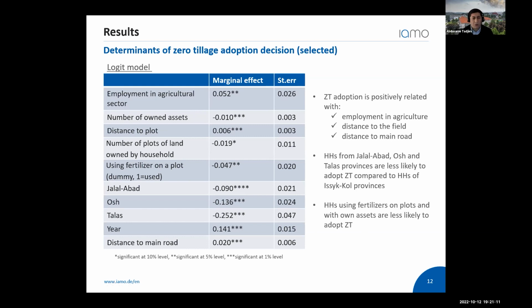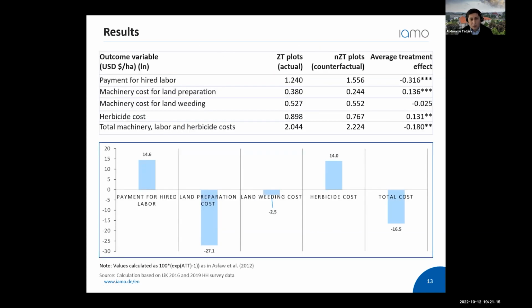So this is the first stage model results, but in our study the main research question is how is the impact of zero tillage on production inputs. Here are given the results for production inputs. The results show that by adopting zero tillage methods, households' land preparation costs and land weeding costs will be reduced.